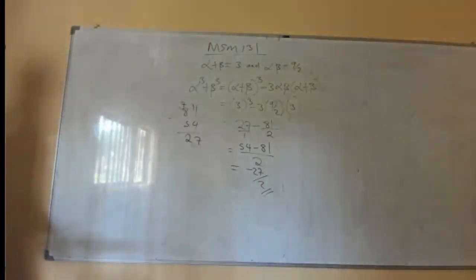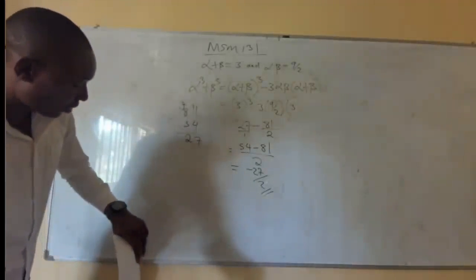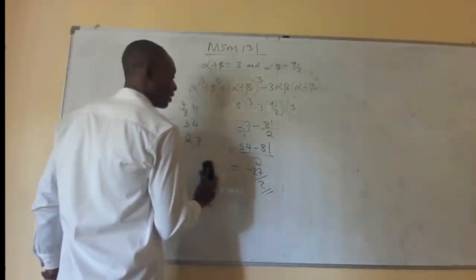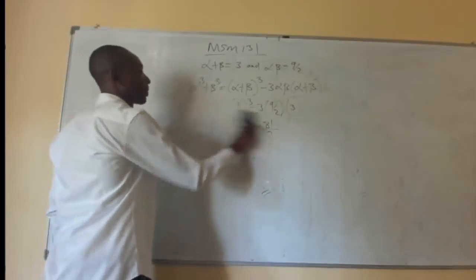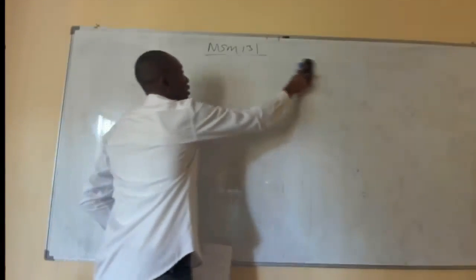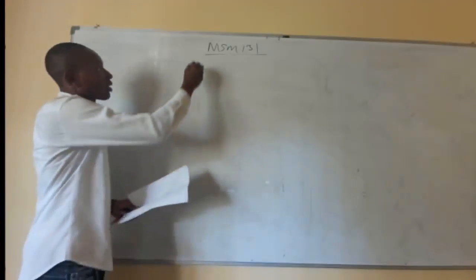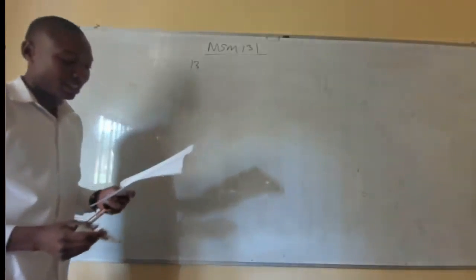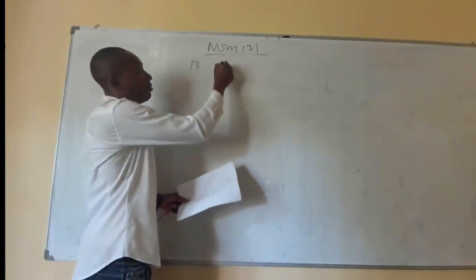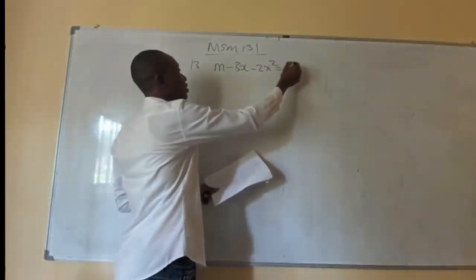Question 13. Alright, so question 13 says, let alpha and beta be roots of the equation m minus 3x minus 2x squared is equal to 0.